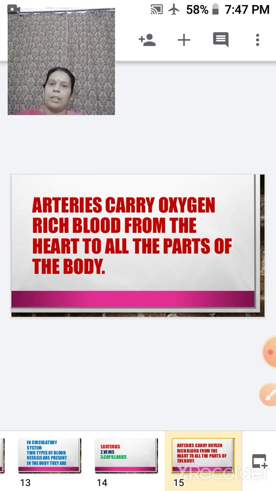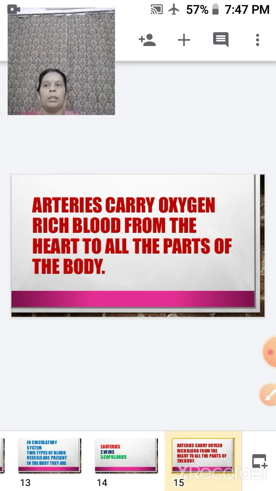They carry the oxygen-rich blood from the heart to the various parts of your body. These blood vessels, as I said, carry oxygen, so we say they carry the oxygenated blood from the heart to the various parts of your body.